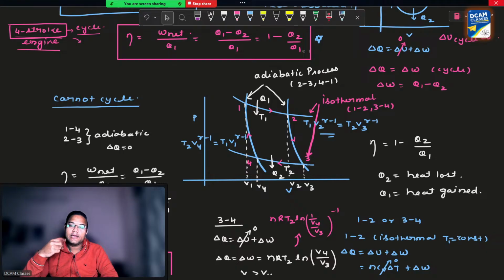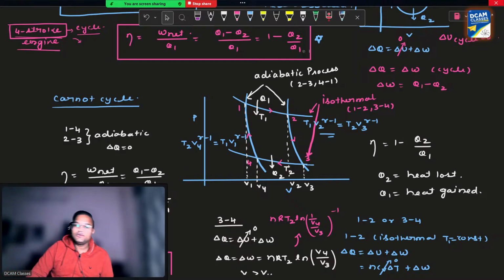Why will process 1 to 2 absorb heat? See, I can say like this, 1 to 2, even though volume is increasing, pressure is also decreasing.